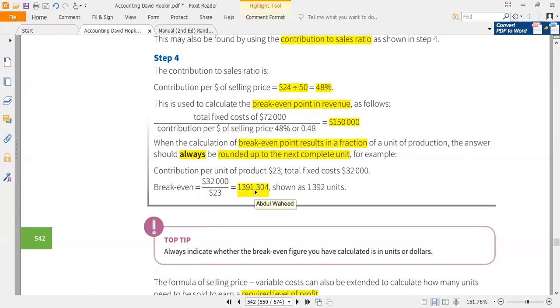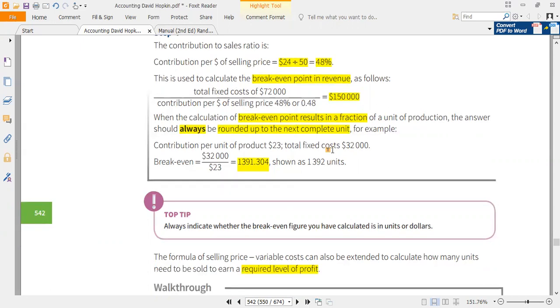But in break-even questions, I'm using the word always, you always have to round it to the next unit. Suppose it is 0.304, you will make it the next figure, 1392. If it is 0.104, even then you will make it 1392. You always have to change it to the next unit.